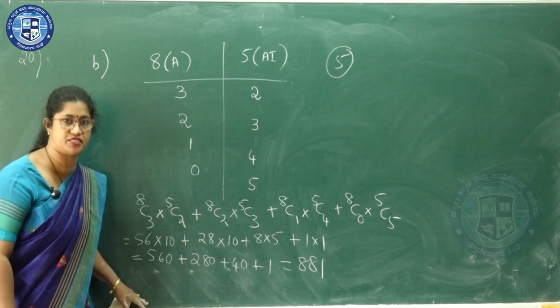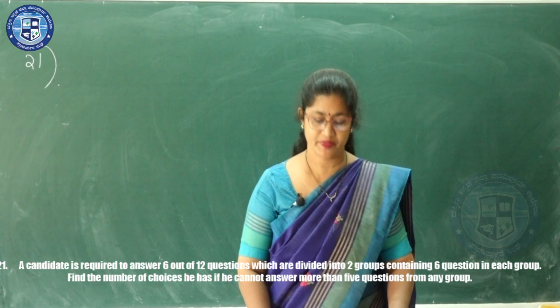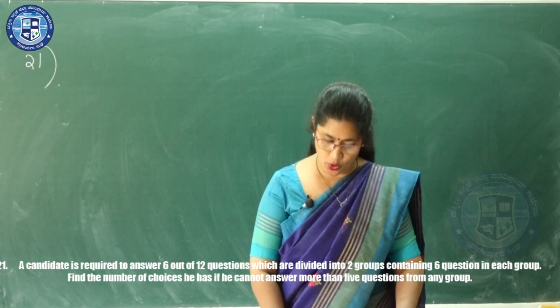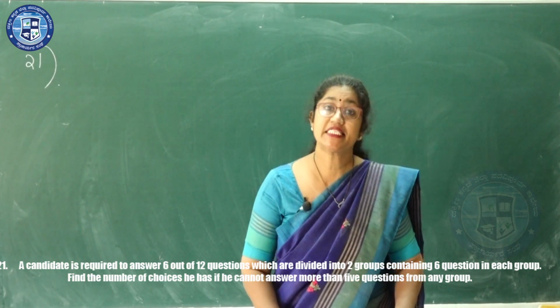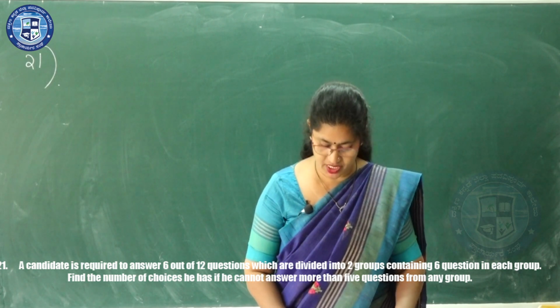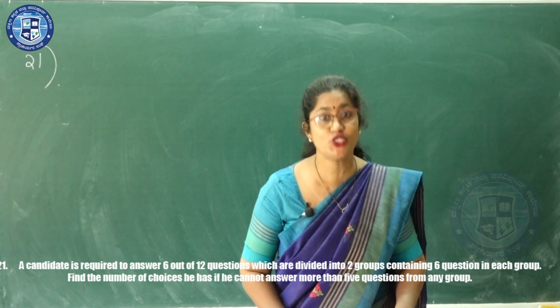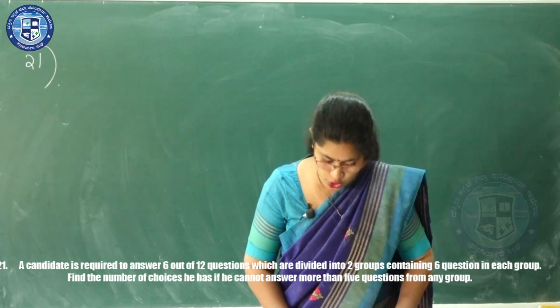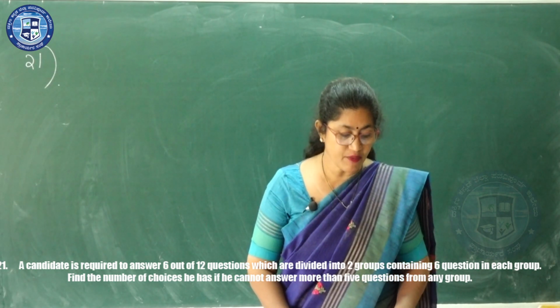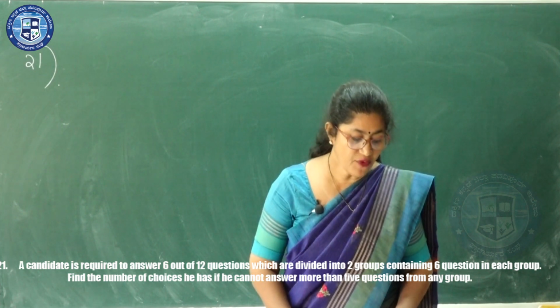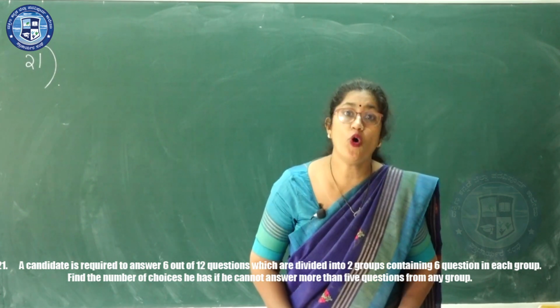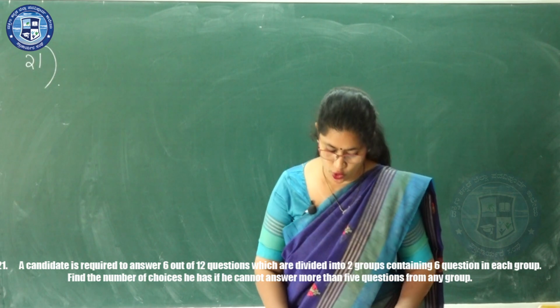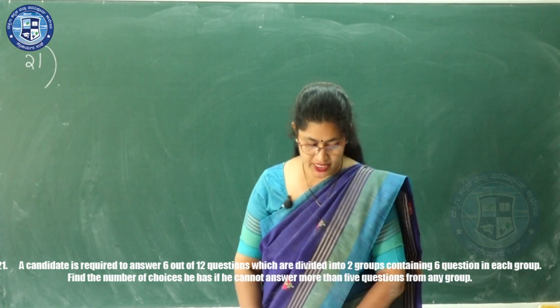Question 21. A candidate is required to answer 6 out of 12 questions, which are divided into 2 groups containing 6 questions in each group. Find the number of choices he has if he cannot answer more than 5 from any group. So let us see.